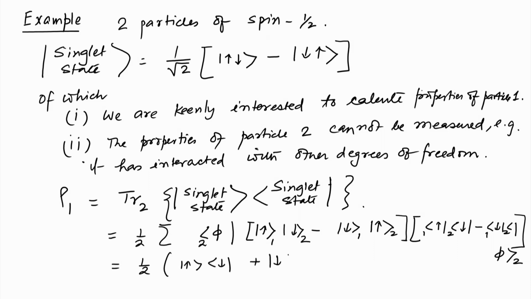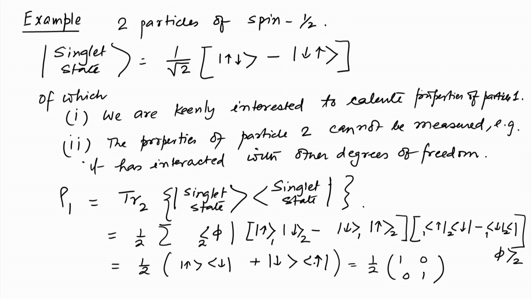This is equal to half up up plus down down, which is half into the matrix 1 0 0 1. It means that the probability of finding the first particle in the up state is half, and in the down state is half again. We do not know how to calculate for particle number 2, because, as I said, it has interacted with other degrees of freedom.